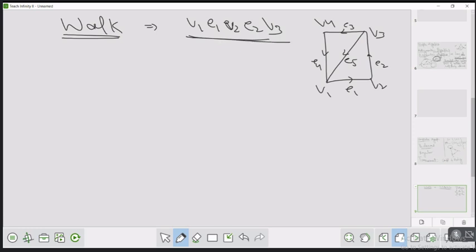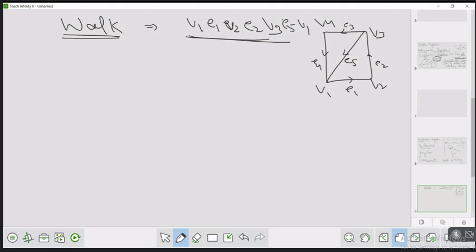Are you getting my point? In this walk, the direction is the same. And also I can include v3, e5, v1, a closed walk.